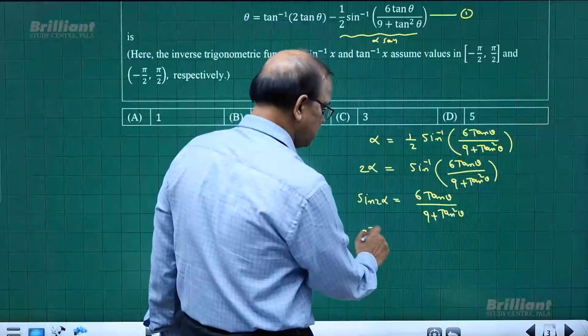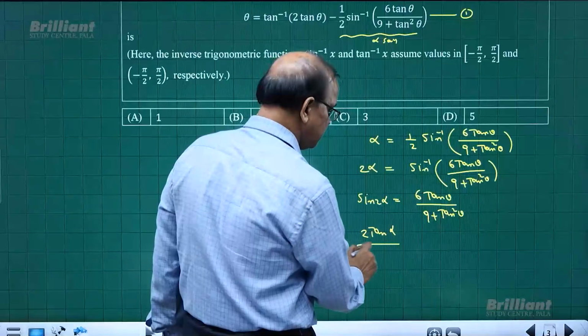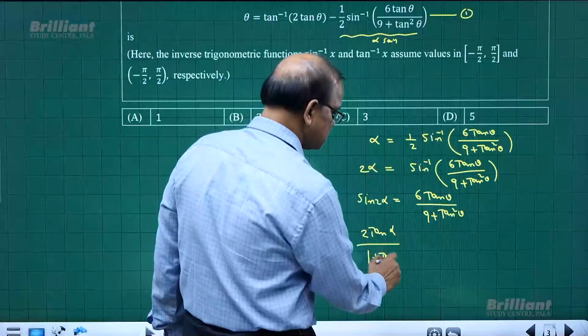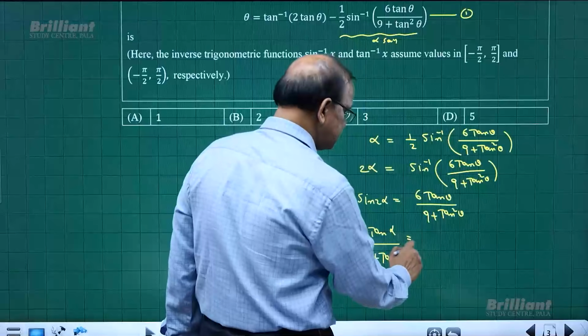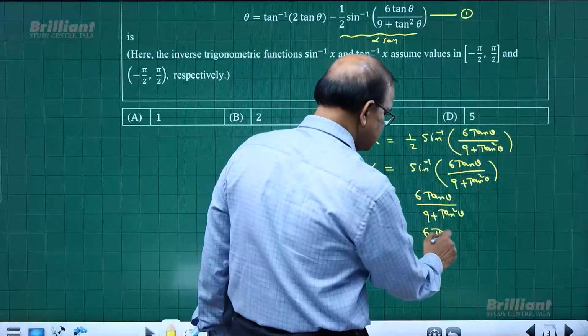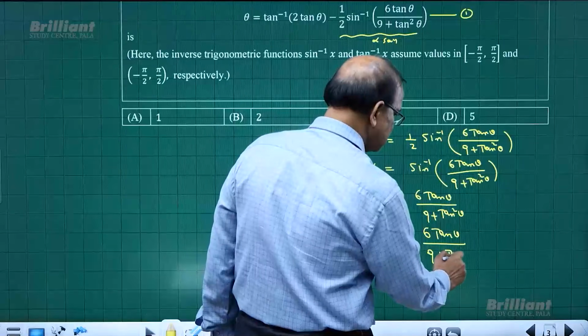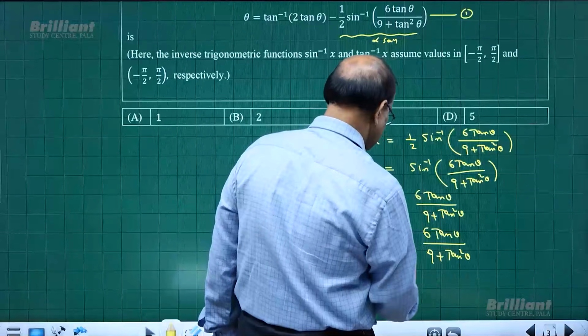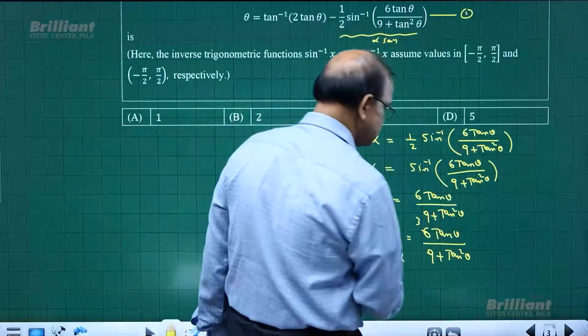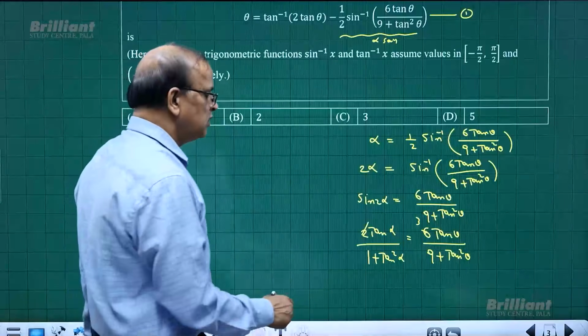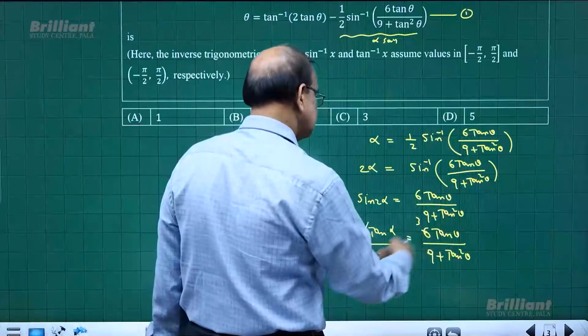So 2 tan alpha by 1 plus tan square alpha is equal to 6 tan theta by 9 plus tan square theta. Okay, the 2 and 3 cancel. Right, now simplify, cross multiply.